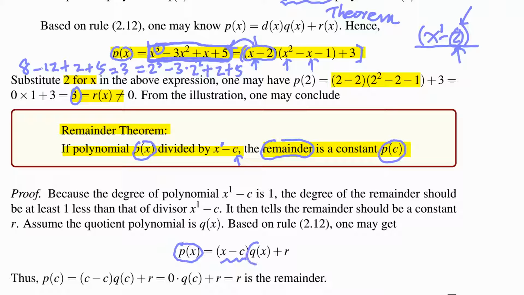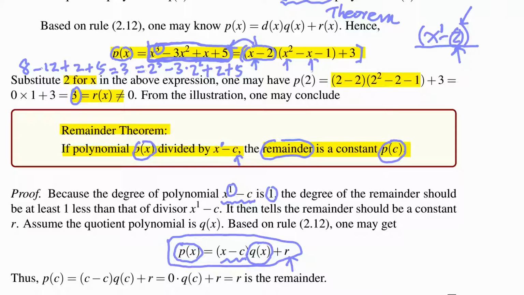Then we have the quotient, and here is the remainder. So any polynomial P of x can be written in this way. And here x minus c has degree 1.